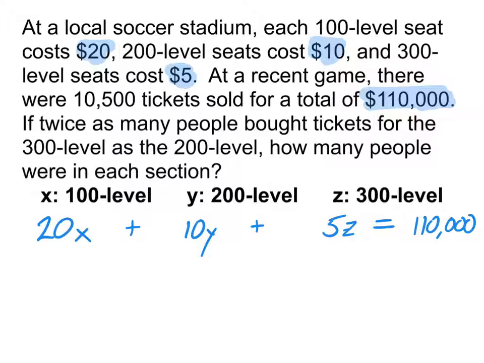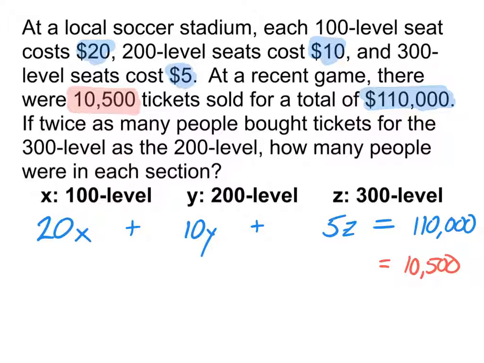All right, now that I have that equation, I need another equation, because of course there are three unknowns, right? So I'm going to need three equations. The next number that jumps out to me is the 10,500. Well, that means I can have 10,500 over here as my total. But what would I do with x, y, and z to get 10,500?